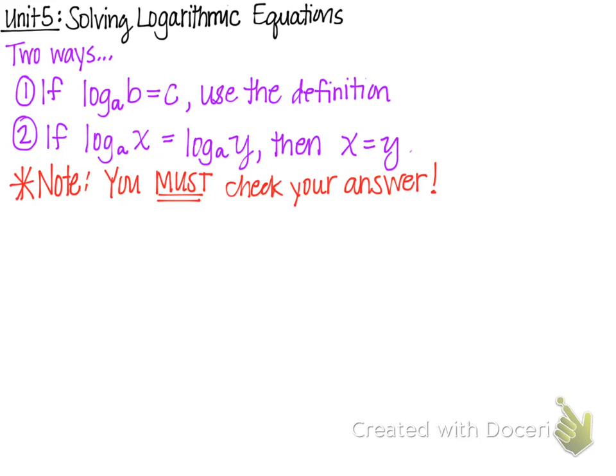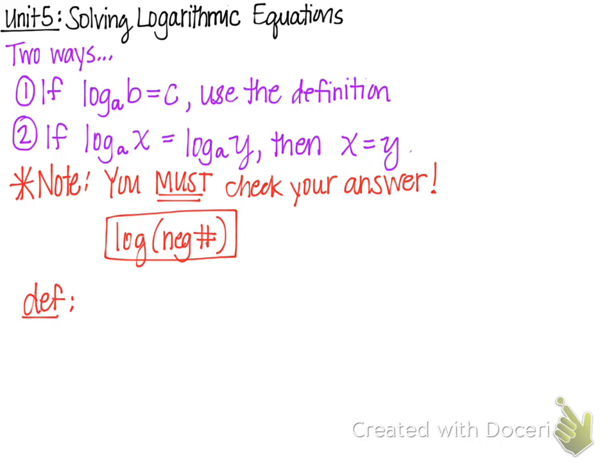If you check your answer, the way you know something is an extraneous solution is you try to take a log of some kind of negative number. That can't happen. If you put it in your calculator, it will go bananas. So if you have the log of a negative number, what we have is, I'm going to define it for you, an extraneous solution.